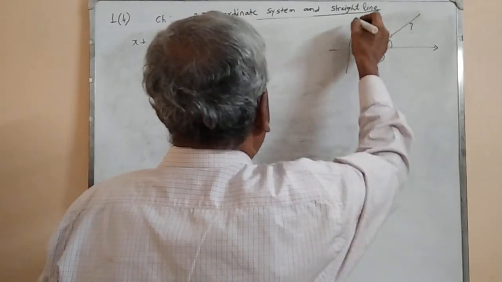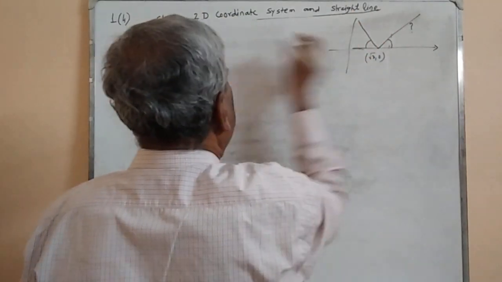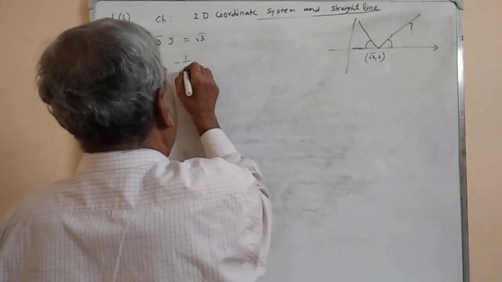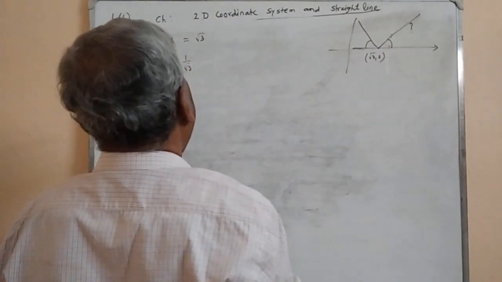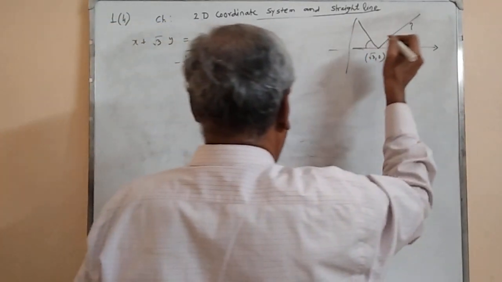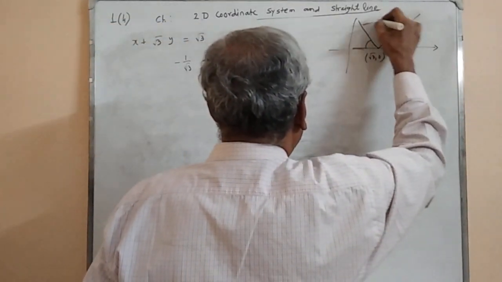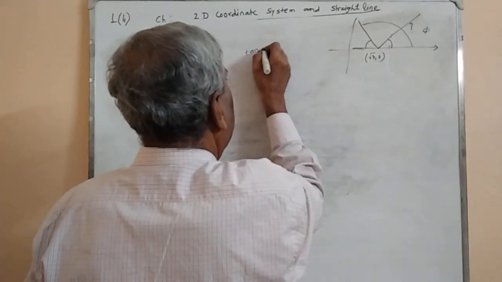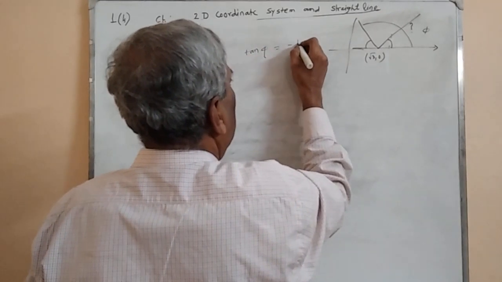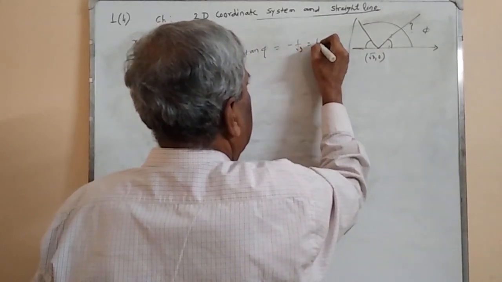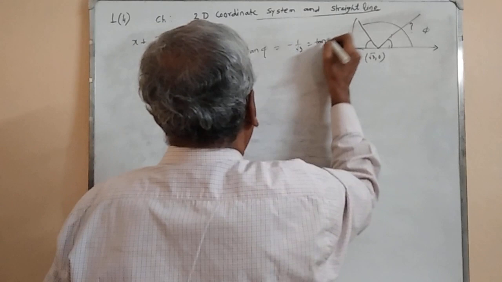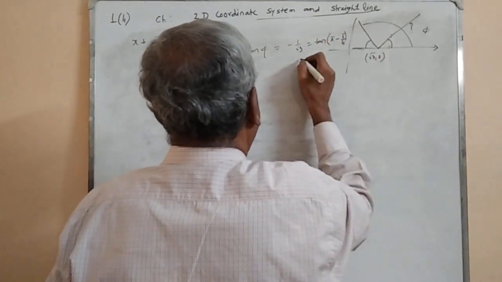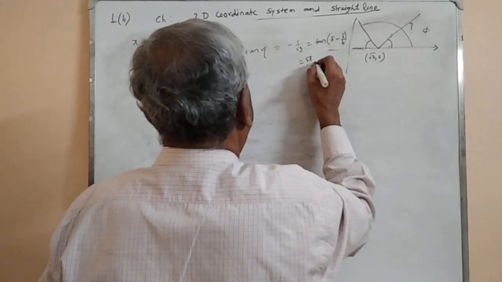So the gradient of that straight line is equal to minus 1 upon root 3. If this angle is phi, then tan phi is equal to minus 1 by root 3, that is tan of pi minus pi by 6, that is 5 pi by 6.